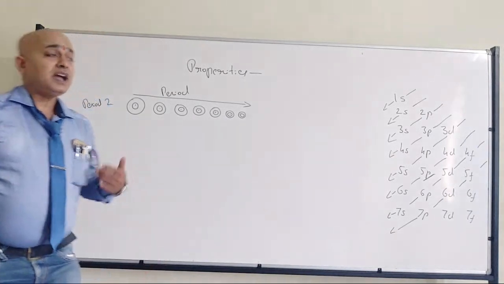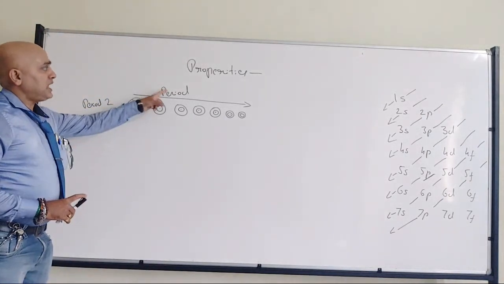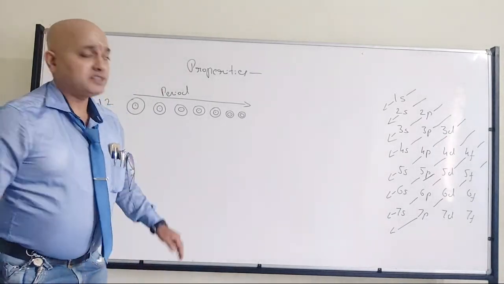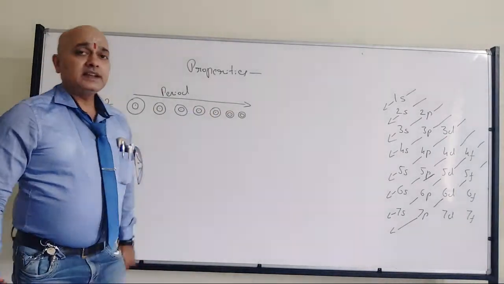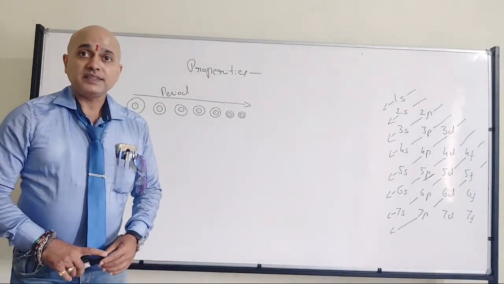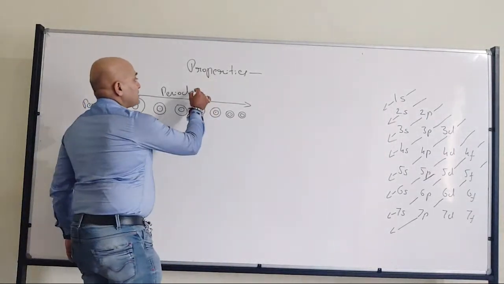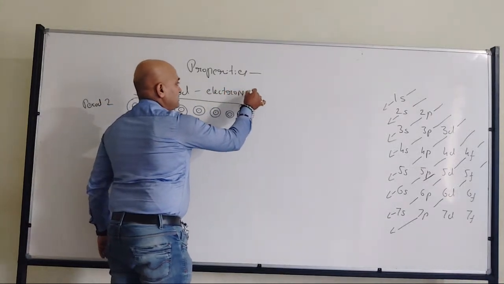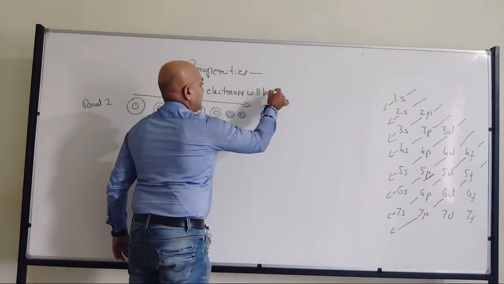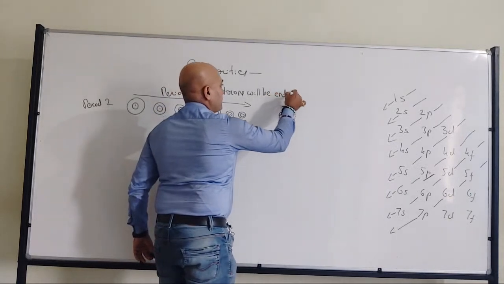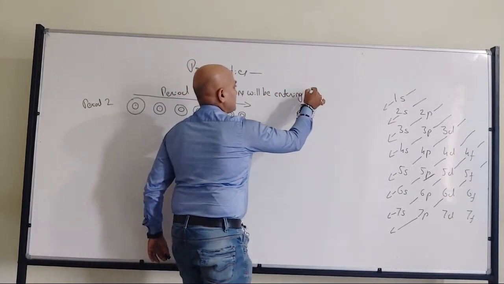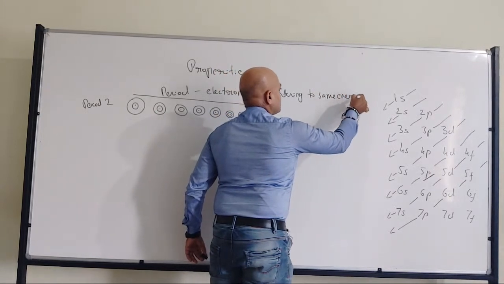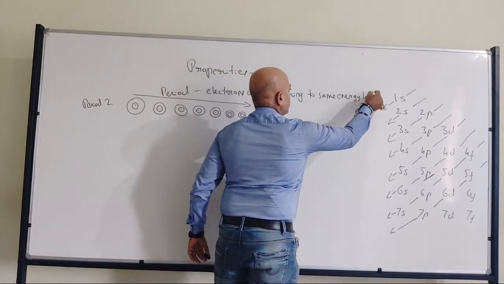Right? So what I mean to tell here is, when I am talking about the period in the periodic table, which is a horizontal row, electrons will be entering into the same energy level.